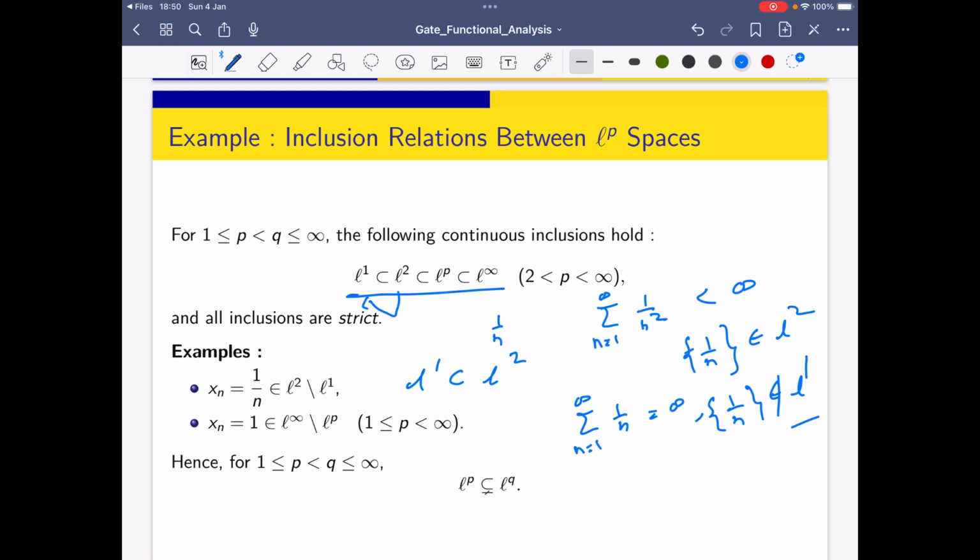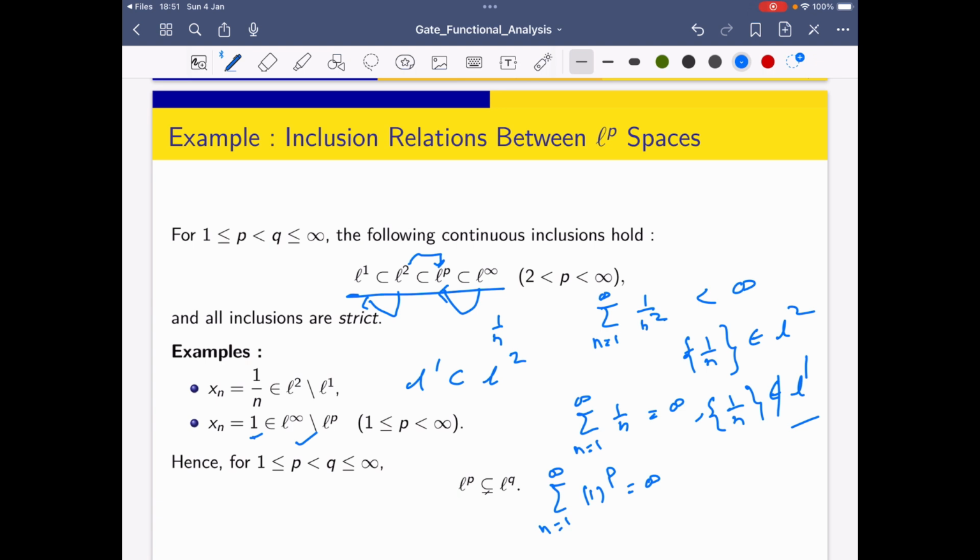And similarly, to find a sequence from here to here, you can just take the constant 1. If you take this sum of 1 to the power p, n equal to 1 to infinity, then this is actually infinite, right? So that means the constant sequence 1 is not in LP for any finite p, but because it is a bounded sequence, it belongs to L infinity.